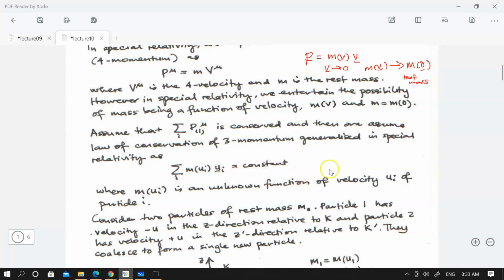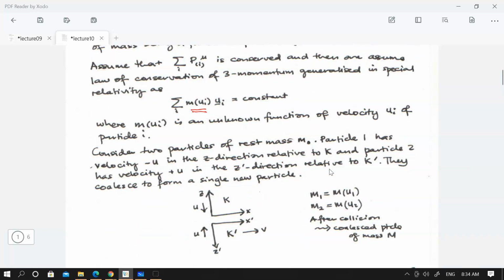Now we need to investigate a little bit what this function is. In order to do so, we need to go to a case by construction, and hopefully construct it well enough to actually give you what function this mass is going to be.